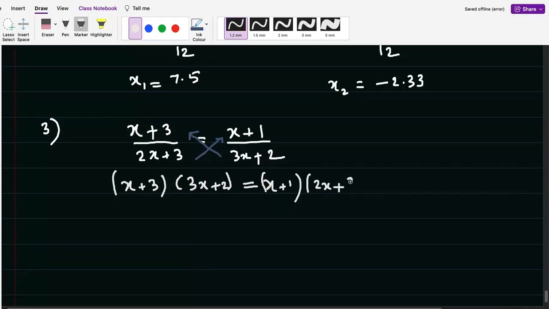Somebody will question, these are already in factorized form, why are we multiplying them? Because we are here to find the roots, finding the value of x, that is the question.